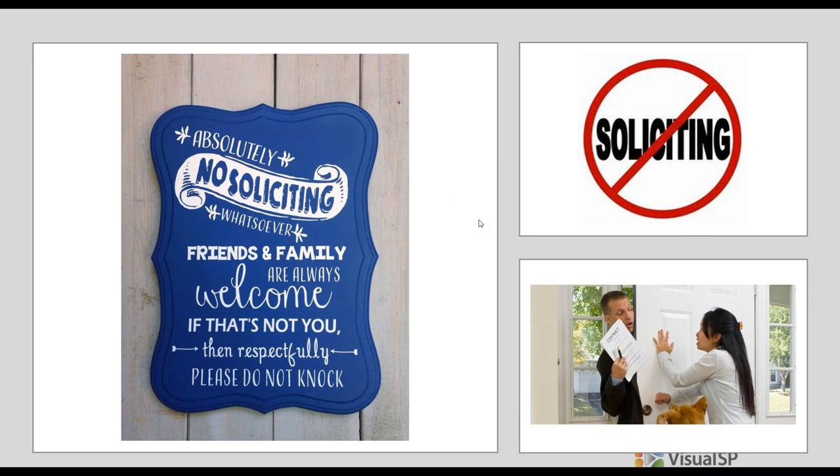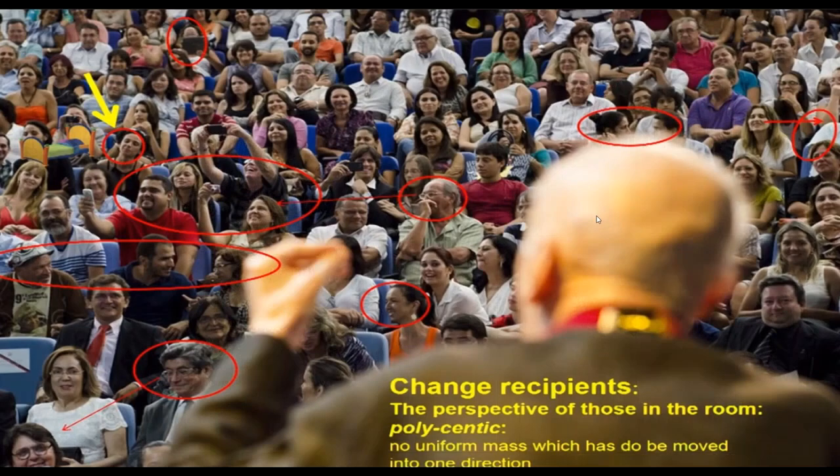However, what are your change recipients thinking? You may or may not be able to see your recipients, but some might be distracted by all sorts of things. They have their own conversations going. They have their own agenda going. All kinds of stuff is already happening.